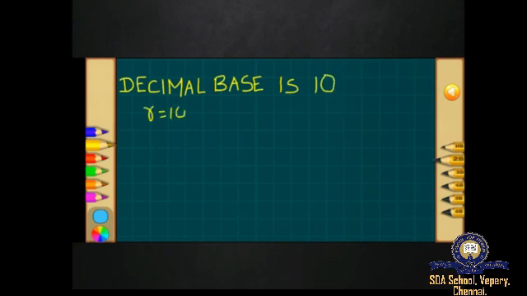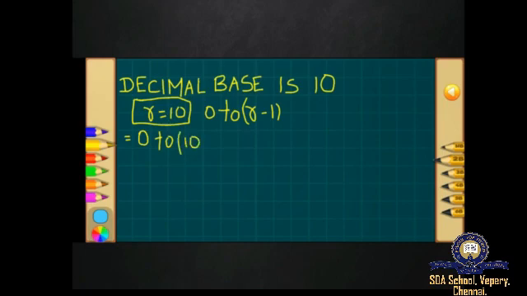What is the base value for the decimal number system? Yes, the base value for decimal is 10. Now, r equals 10, the base or radix equal to 10. Our formula is 0 to r minus 1. It starts at 0 with an increment of 1 every time and ends at r minus 1.